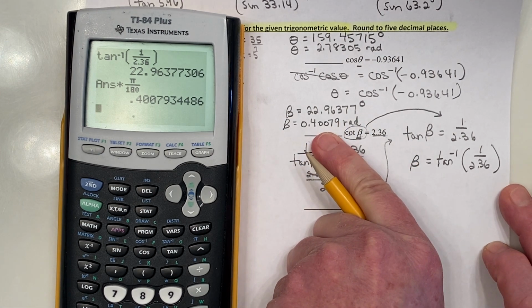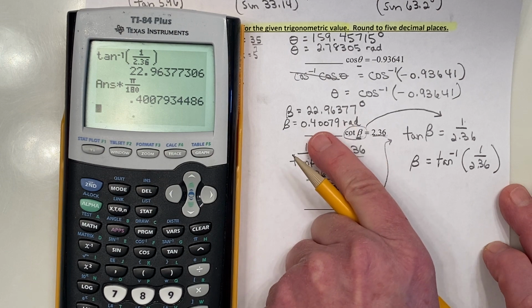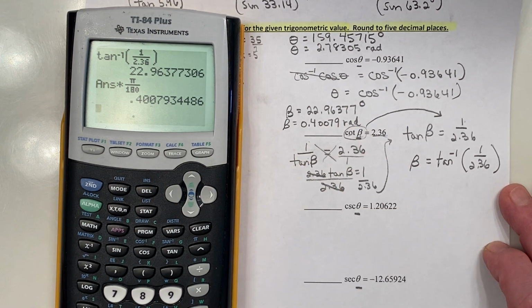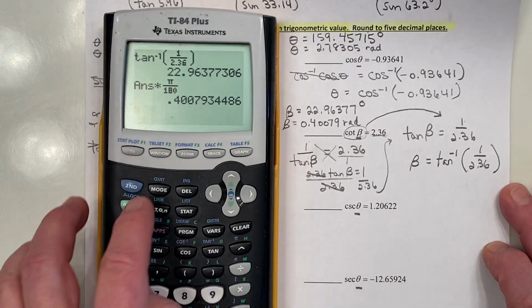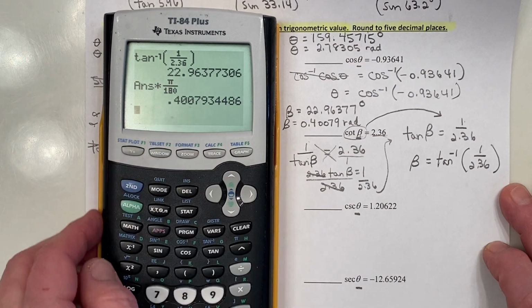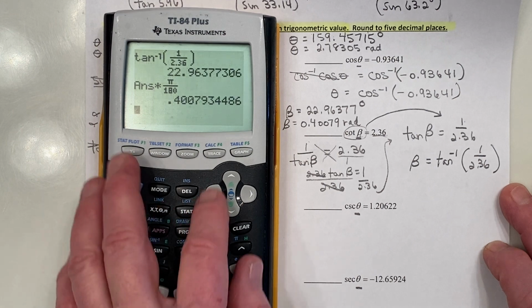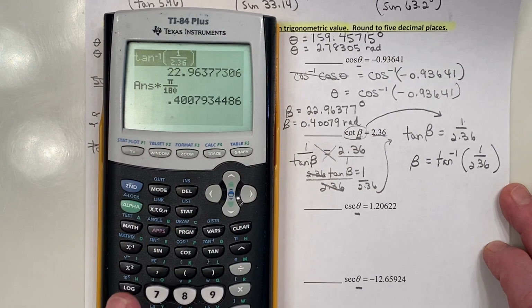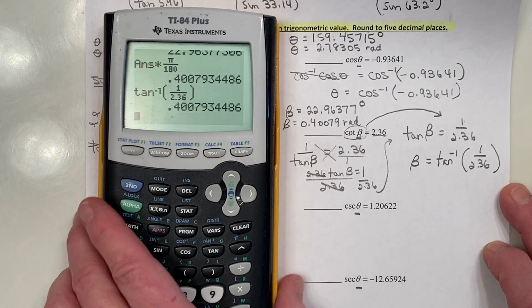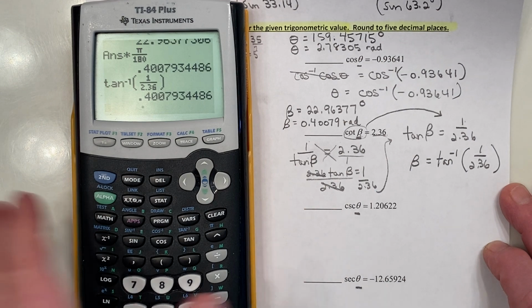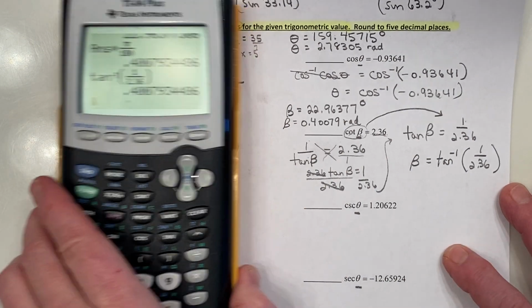That's an angle measure, so I like to put radians on there to remind me that that's not a value. I might go back and double check that my conversion is correct. So I would change the mode to radian, come back up here and grab the problem and hit enter again. And yes, I do get the same angle in radians.